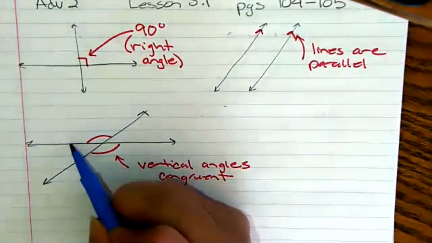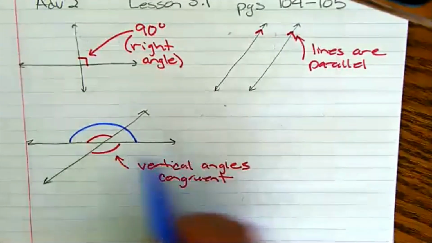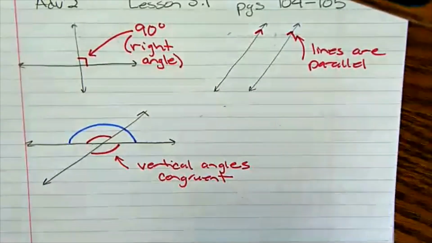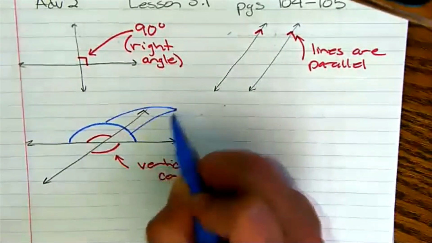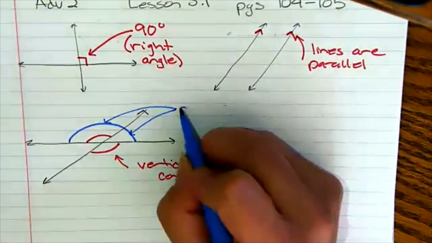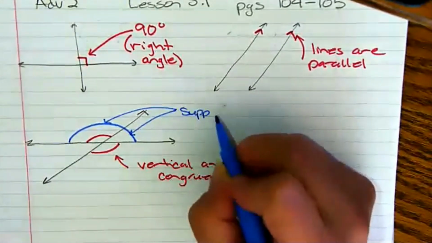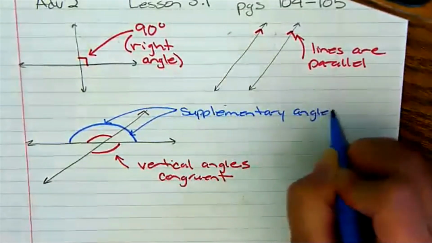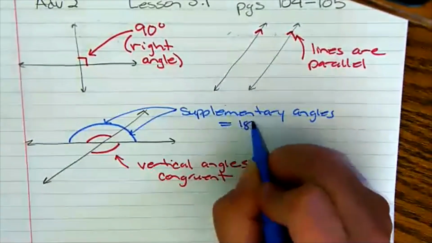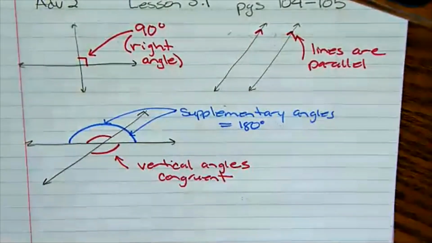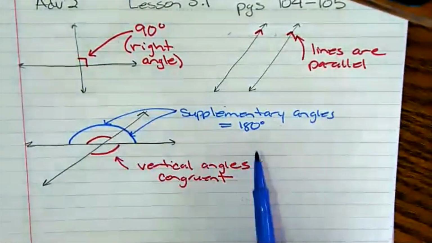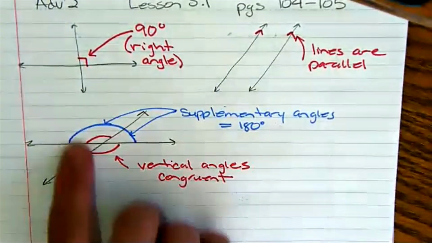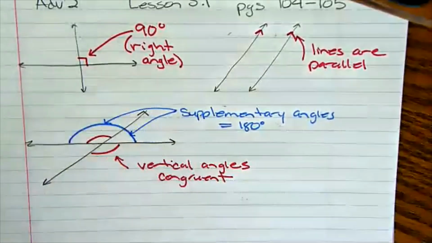And we also know that when we've got two angles on a straight line, these are called supplementary angles. And on a straight line, they're equal to 180 degrees. Supplementary angles are two angles that when put together equal 180 degrees. We're going to need to remember this.